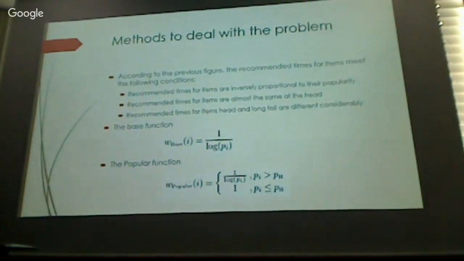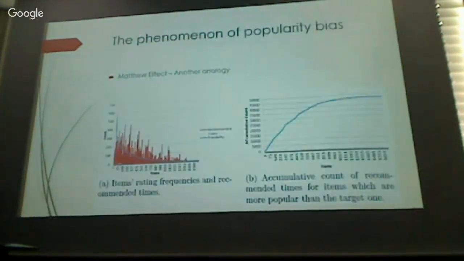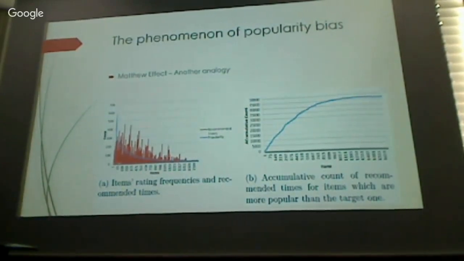However, only the items at the head are affected by the Matthew effect, because they have the same recommended times, and they are the most popular items, so they get more and more popular. So that's why for these items at the head of the tail, we need to reduce their popularity so that they will be recommended less.